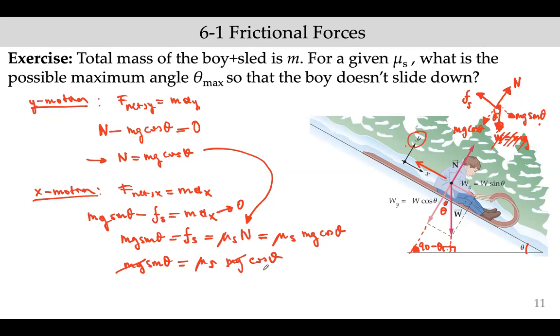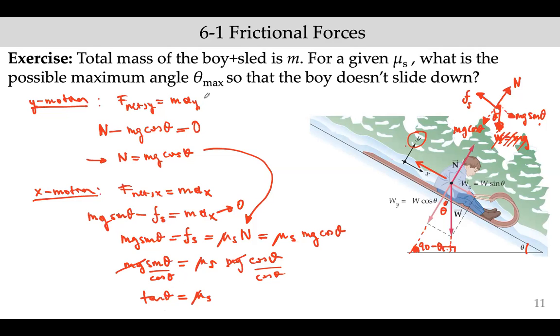And if I divide both sides by cosine theta, what I get from here is tangent theta, because sine divided by cosine is tangent. And on this side, I have the static friction coefficient.